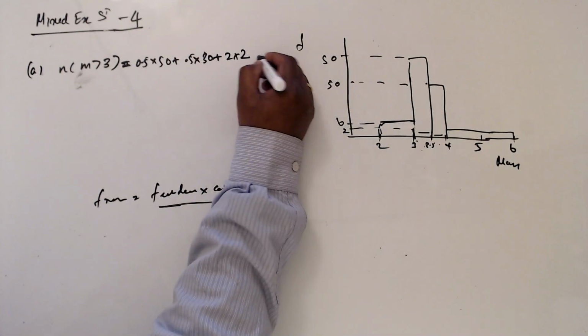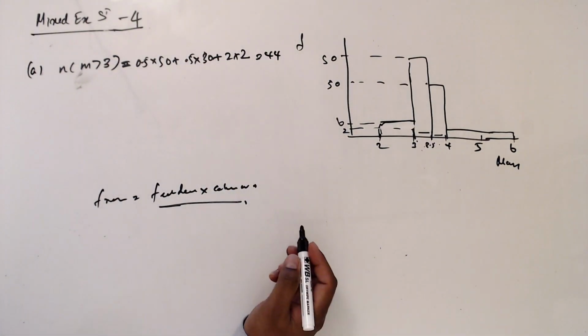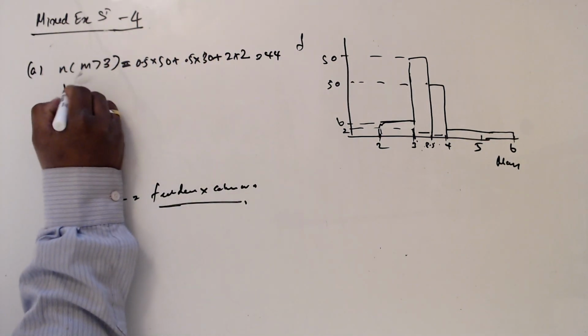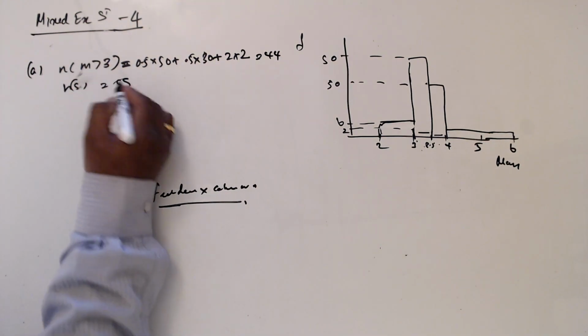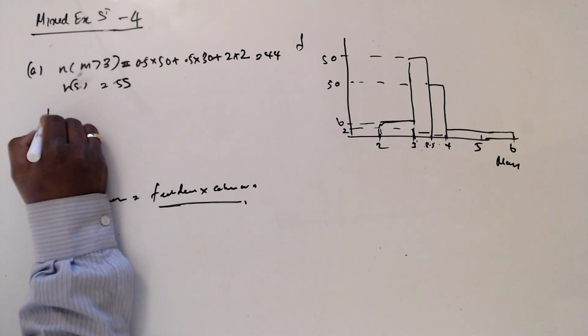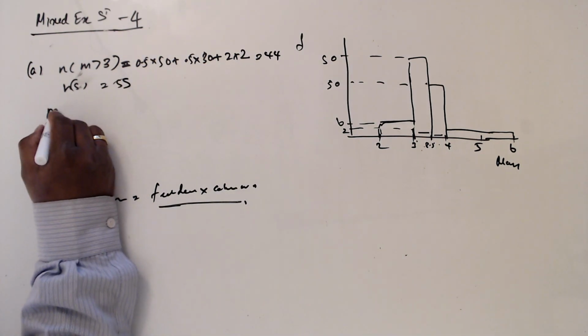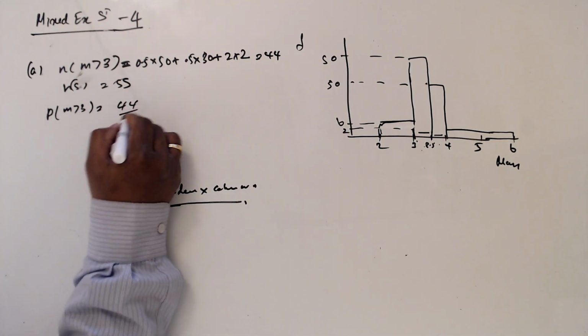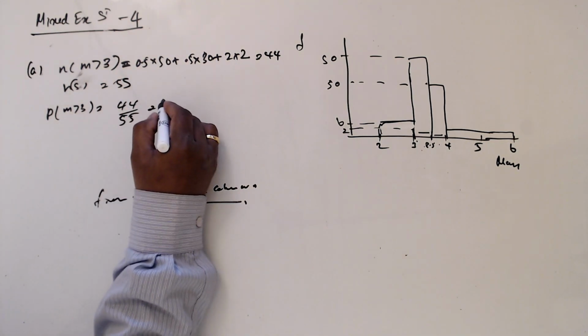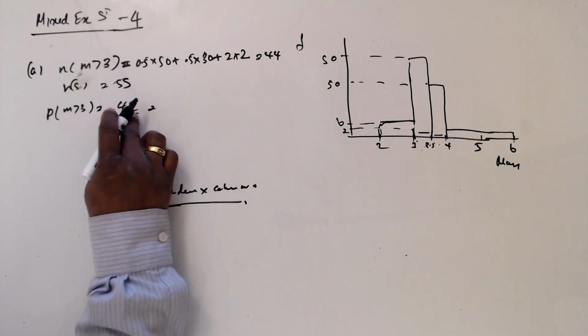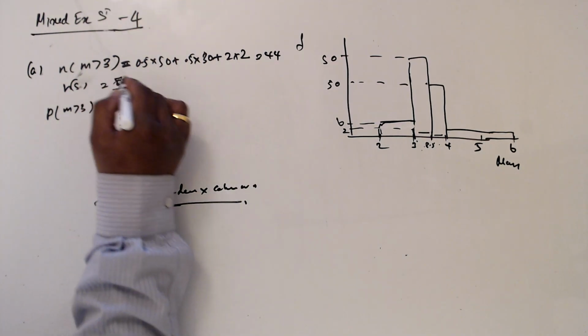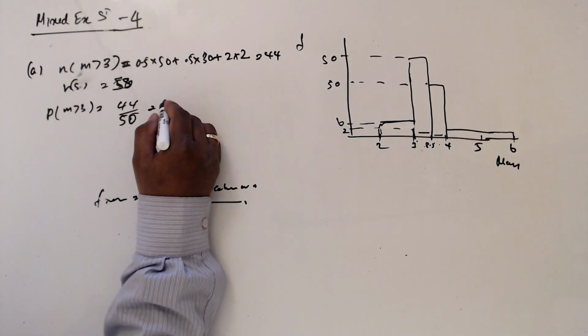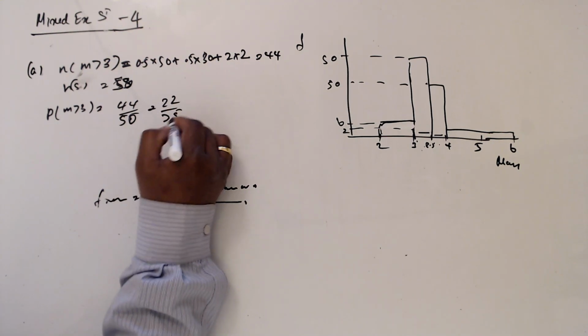So this value is 44. Then total number of babies is 50. Probability of M greater than 3 is 44 out of 50. This is 22 out of 25.